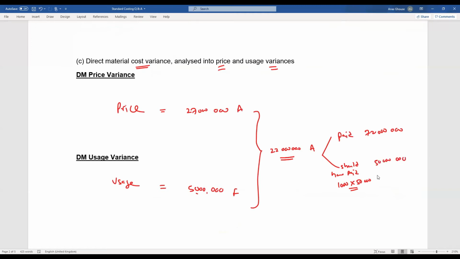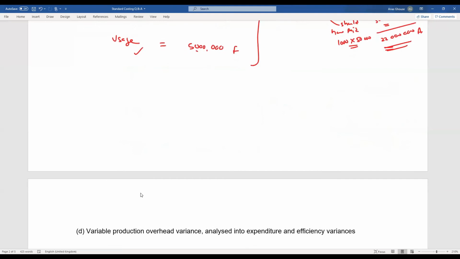Therefore the adverse variance is 22 million. So this 22 million adverse variance consists of price and usage variance. This is what we have calculated.